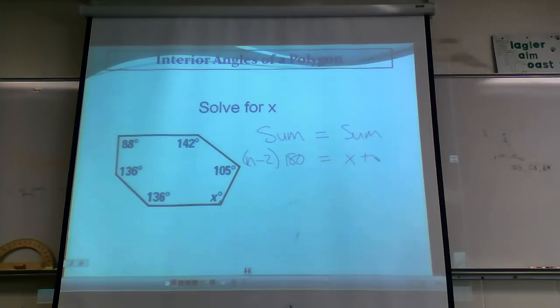And on this side, there should be 6 sides, so 6 minus 2 times 180 should get you how much?